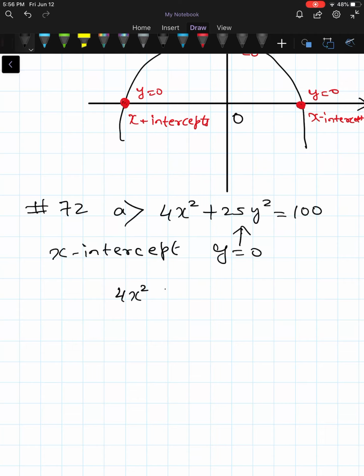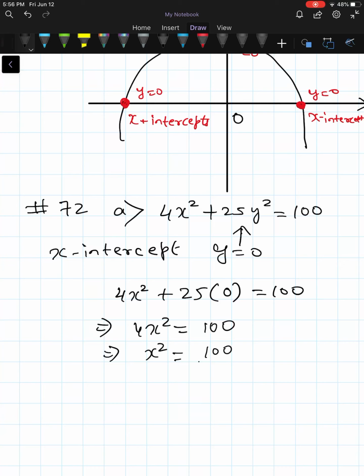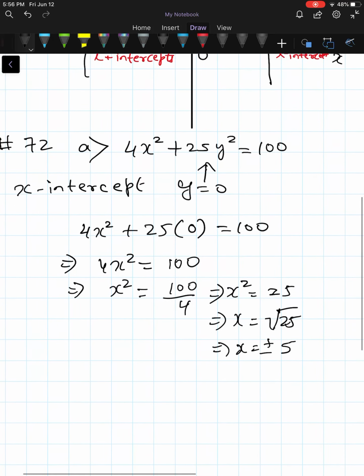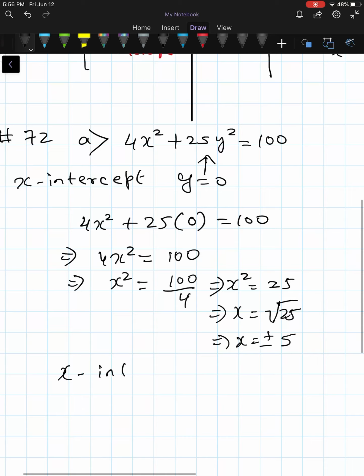That gives us 4x square plus 25 times 0 is equal to 100. So 4x square is equal to 100, which implies x square is 100 divided by 4, so x square is 25, and x is the square root of 25, that is x is plus or minus 5. So our x-intercepts are 5, 0 and negative 5, 0.